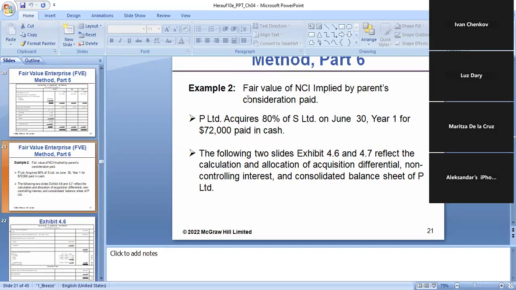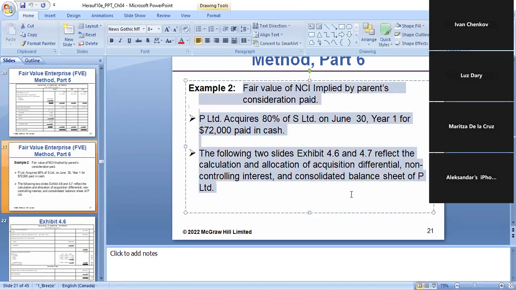We don't have access to the fair value of the remaining shares. Make sense? In the first case, you see that we know the fair value of the shares. We know that the other 2,000 shares are traded at $7.75. In the second case here, we don't. We don't have that information.